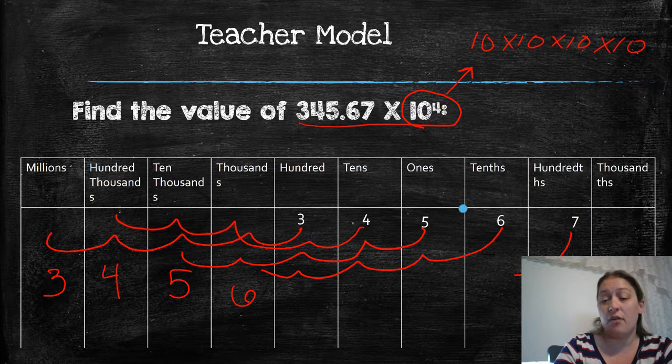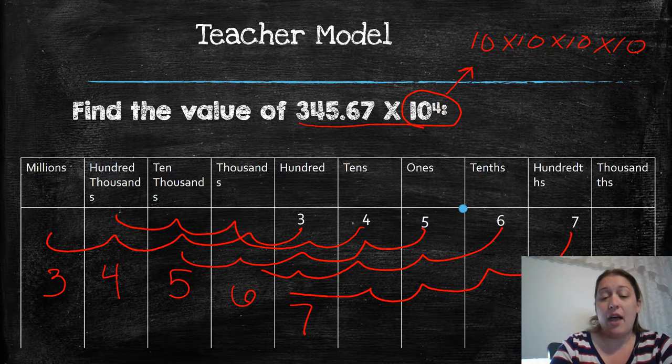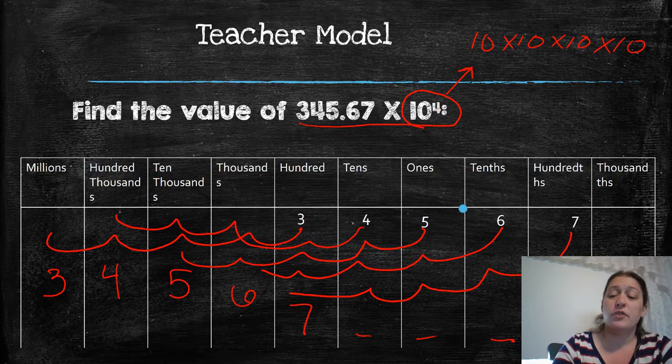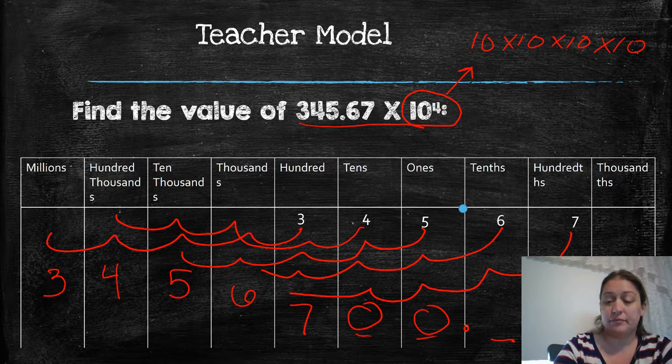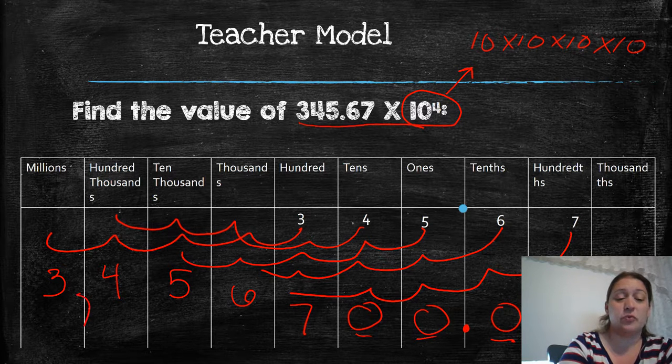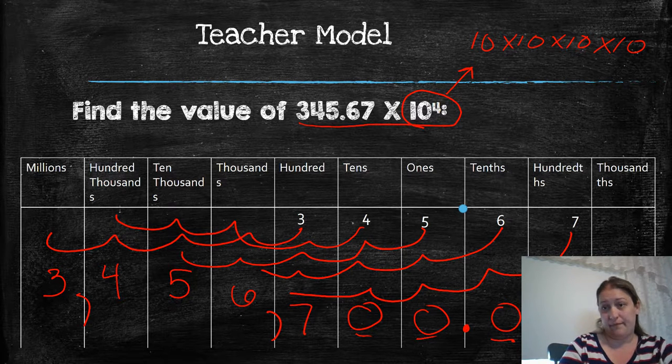And my 7 1, 2, 3, 4. Now we can see that we have 1, 2, 3, 4 spots that we moved, correct? So we're going to put our zeros here. And we're going to see that our answer is 3,456,700. Okay?